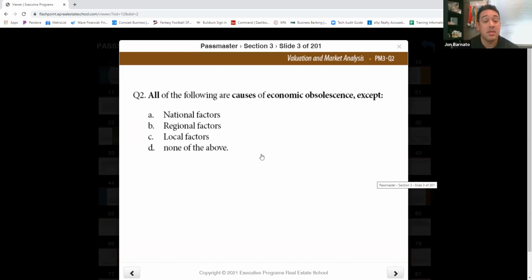Could be, like interest rates, maybe? Yeah, interest rates or inflation, right? Recession. Regional factors could be wildfires, right? Yep. Or local factors, right? It could be certain areas are depressed, right? So jobs, right? Jobs in there.